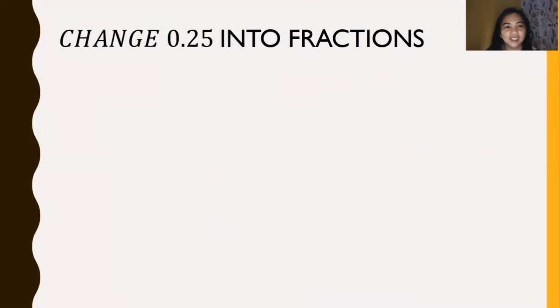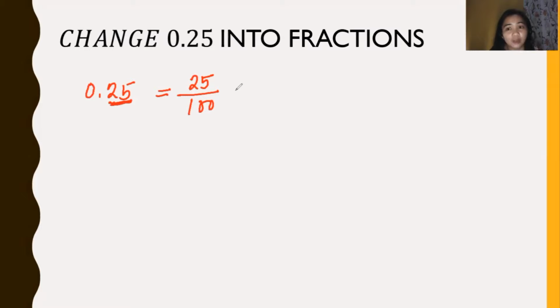Let's change decimal into fraction. Example we have here, change 25 hundredths into fraction. Since alam naman natin, madali yung 25 hundredths into fraction, ang gagawin lang natin is, we write 25 hundredths and the denominator is 100 because it is in the hundreds place.